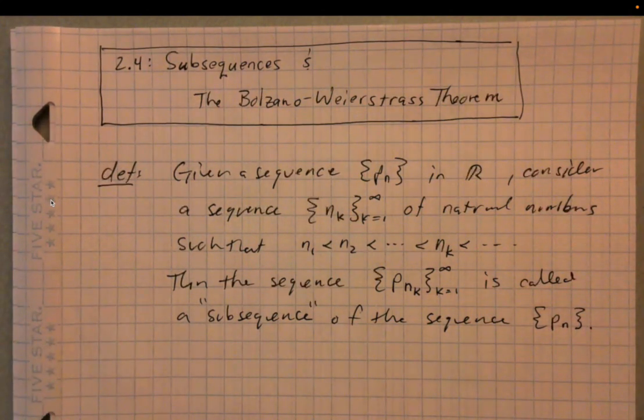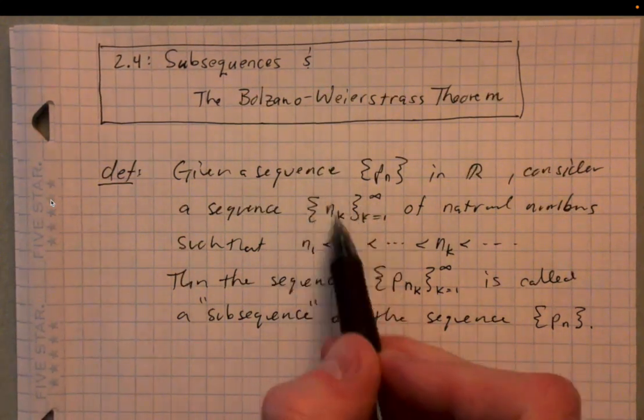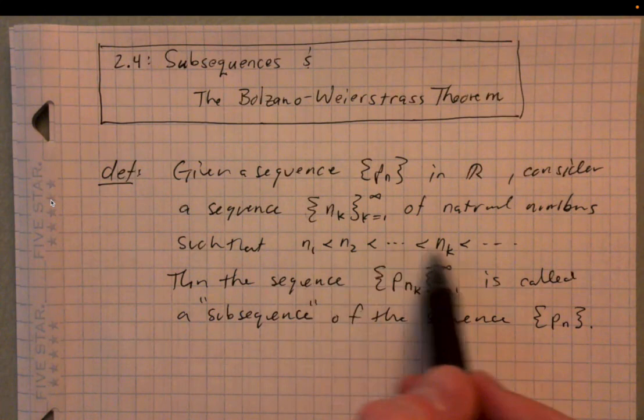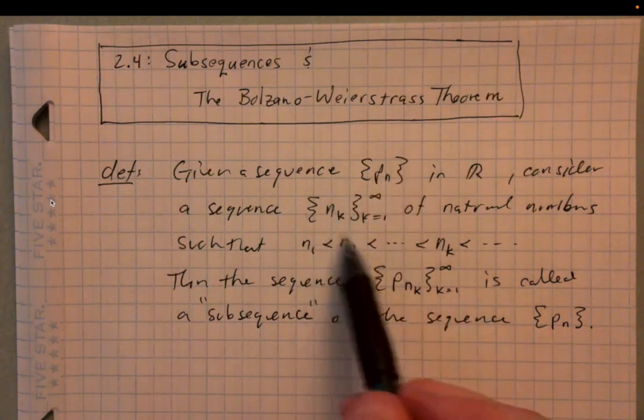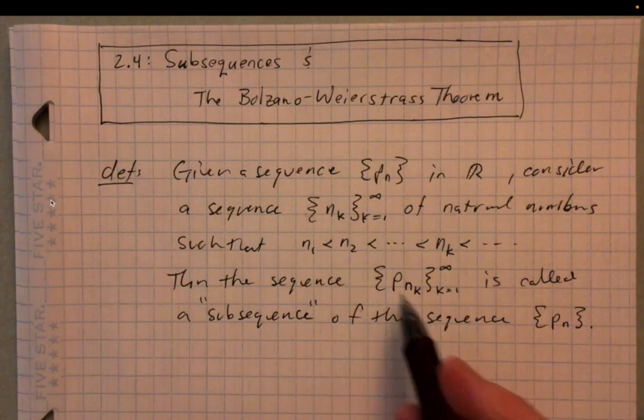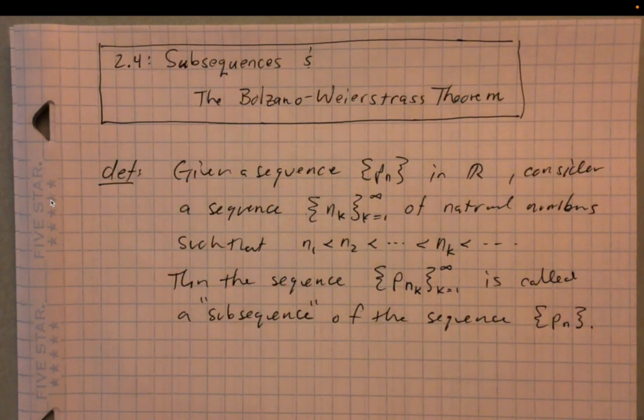It's kind of a wordy definition, but the idea of a subsequence is simple. You have a sequence, then you consider some subset of the sequence that's defined by the indices, right? So you've got this sequence n sub k, where it's strictly increasing, and you use that as your index on your original sequence, and that is how you define the subsequence.